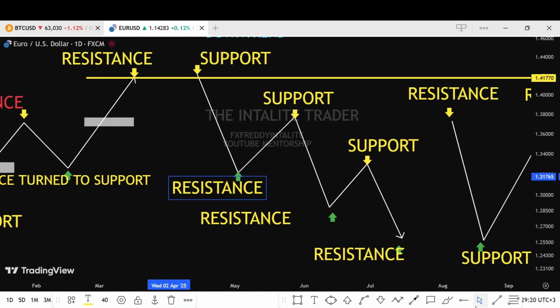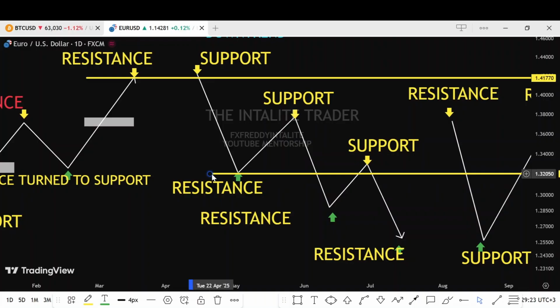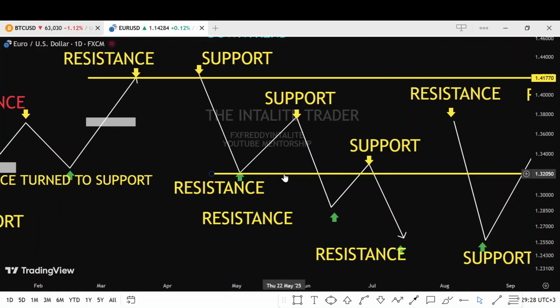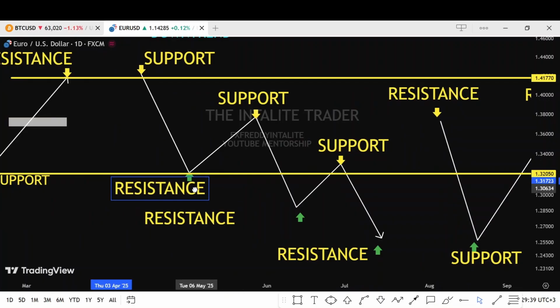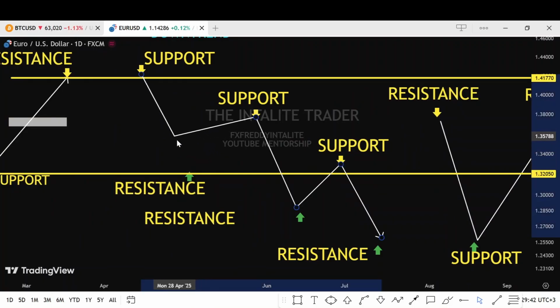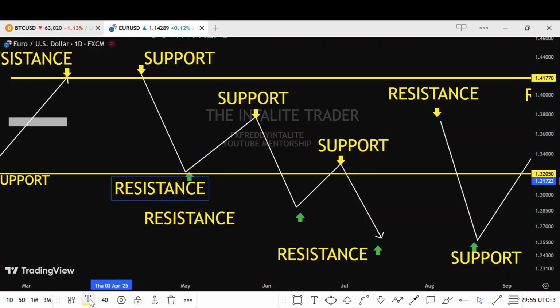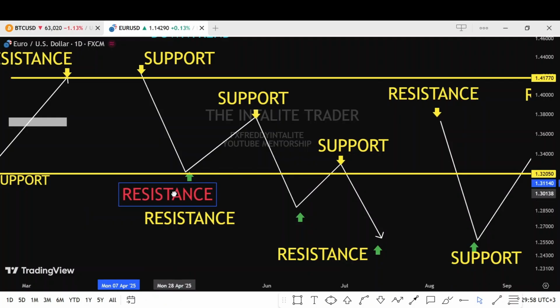This can be a price level, where instead of price continuing down, it finds resistance, it gets resisted at this point. So this becomes resistance.